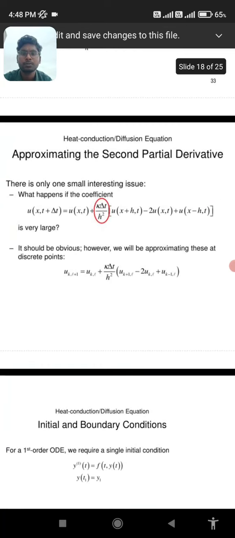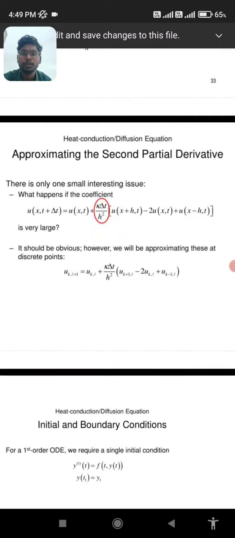There is only one small interesting issue. What happens if the coefficient in u(x,t+Δt) = u(x,t) + (kΔt/h²)[u(x+h,t) − 2u(x,t) + u(x−h,t)] is very large? It should be obvious.